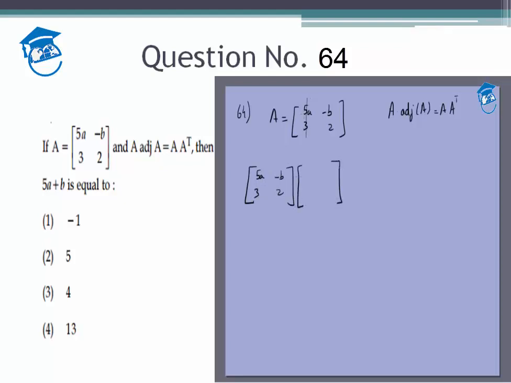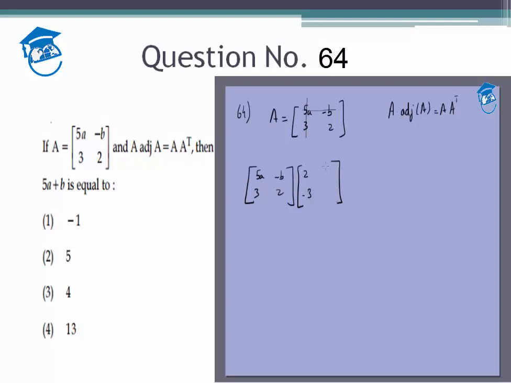So if we just eliminate 5a, what we're left with is 2, so we'll get 2 here. If you remove minus b, what we'll get is 3 here. So 3 should go here, but we'll actually take the transpose of that because adjoint A needs the transpose of the cofactors. So 3 will be here and there will be a minus sign because of minus 1 to the power 1 plus 2.